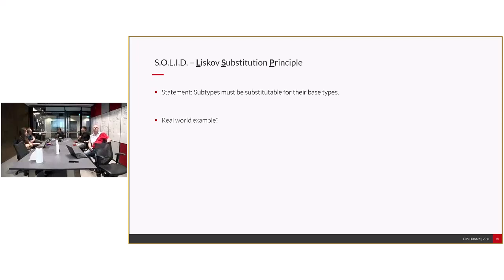Or in a device, you can have a USB port, and the USB could be connected to a 50-volt power source for all you know. That's going to blow up your laptop. Those are violations of LSP. A common coding violation of LSP is IQueryable, if you have used it.